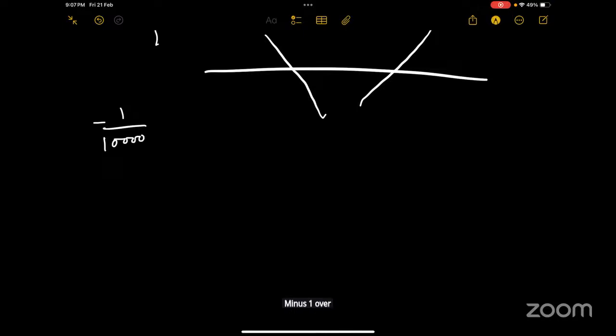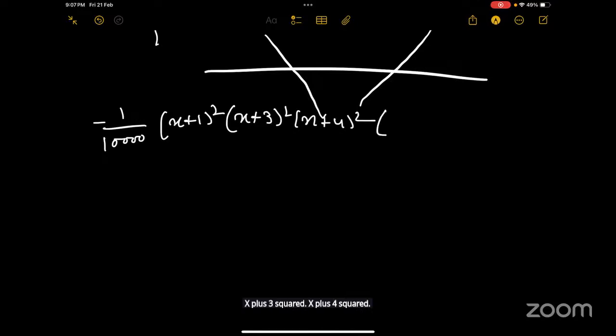-1/10,000 times x plus 1 square, x minus 2, x plus 3 square, x plus 4 square, 5 minus x, x minus 6 square.